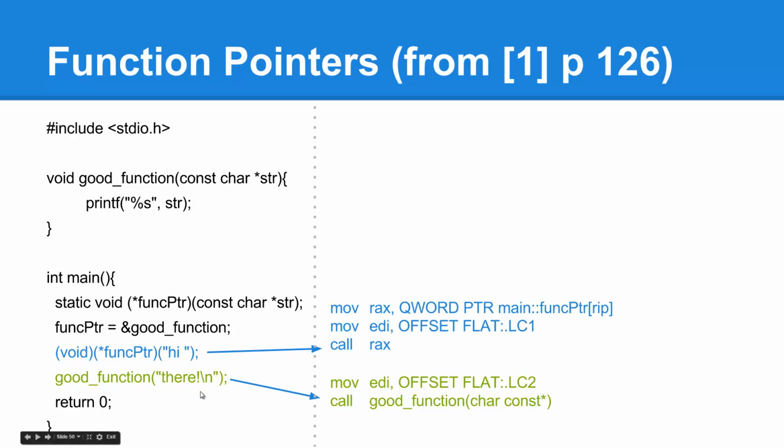The other, perhaps more common way to call the function is denoted by simply moving the function parameter into EDI and then just calling good function directly. Both of these operate in almost exactly the same amount of time, same performance, etc. This just runs the danger that you have to protect this variable. It is very sensitive to overflows and corruption.